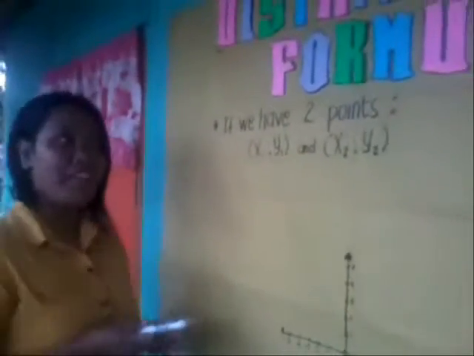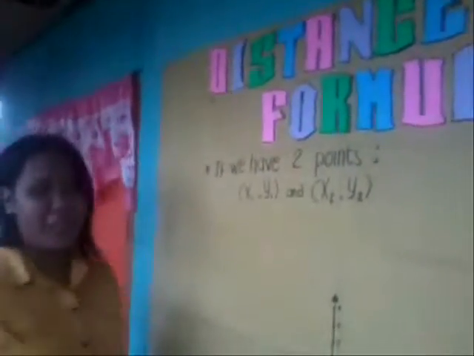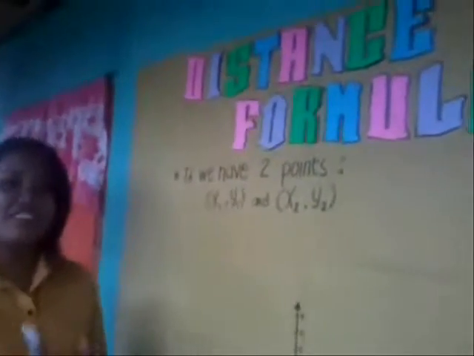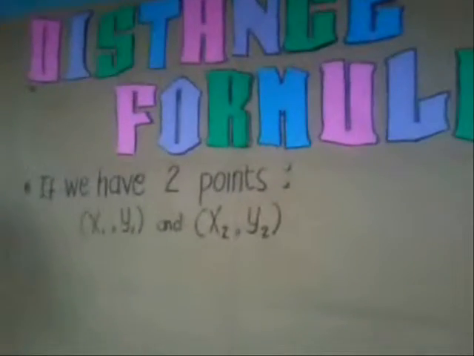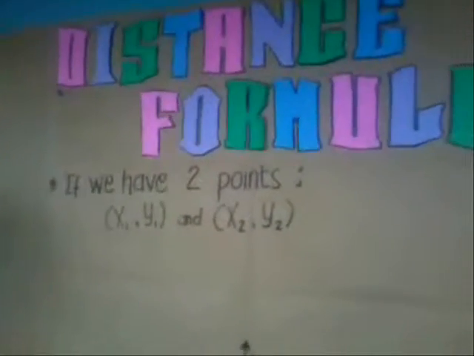There are some formulas you're going to need to know in dealing with the Cartesian plane. One of them is the distance formula. The distance formula is used in computing the distance between 2 points given in a Cartesian plane.